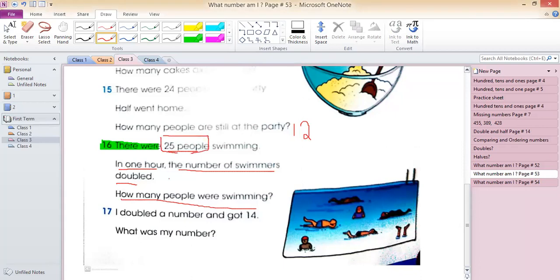Find out the double of 25 and you will find how many people are swimming. How to find out the double of 25?